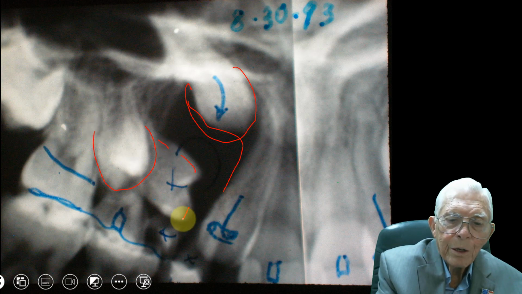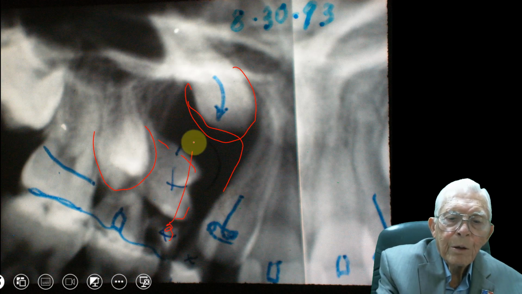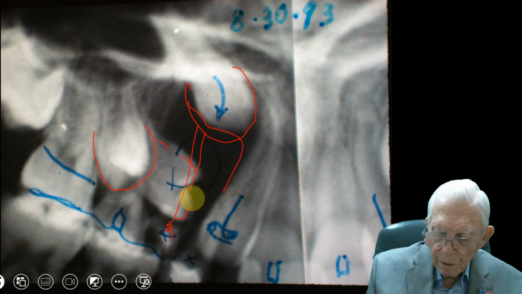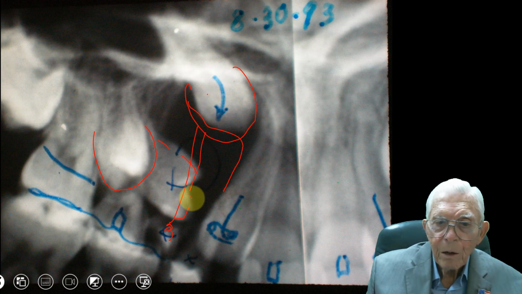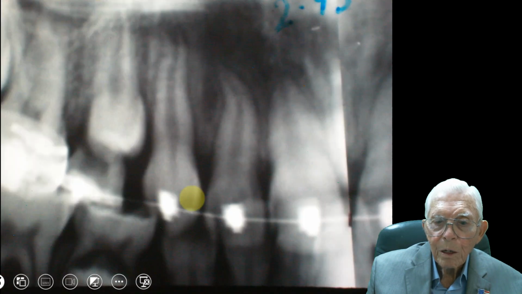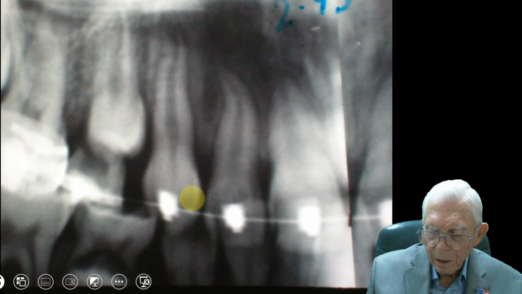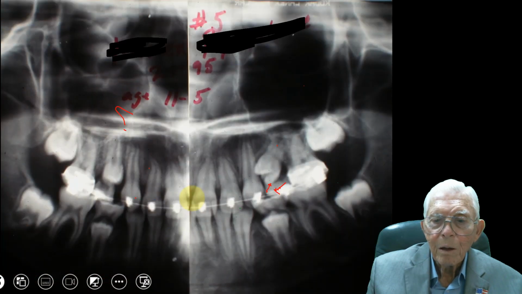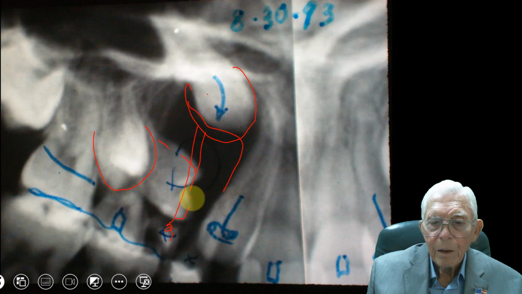This one right here formed around one here and developed into a cyst, and it pushed this tooth from here. If you go back where that was, it was like that, but when it came in, it shoved it. Now there it is in 95. Now watch that thing move down.